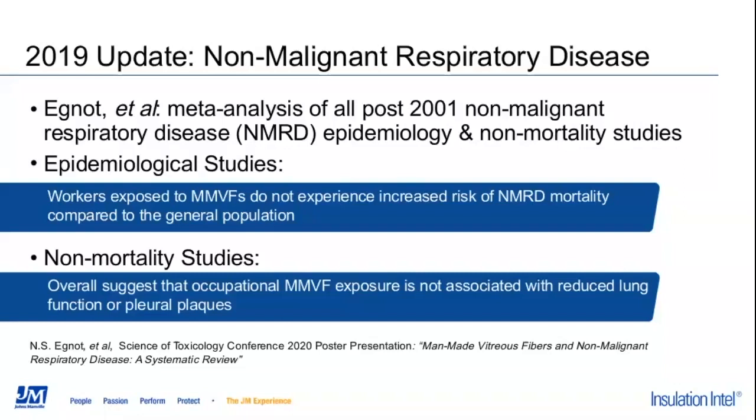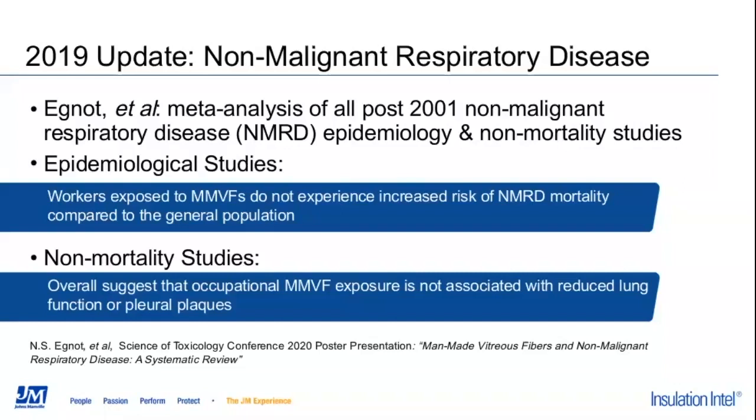Again, it is a quantitative statistical meta-analysis of all of the non-malignant respiratory disease studies that were published after the IARC 2001 classification. These are two different types of studies. One is an epidemiology study that looks at mortality, and the other is more of a morbidity, non-mortality study.